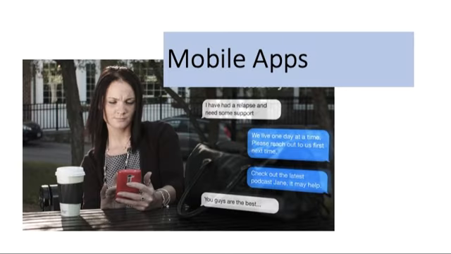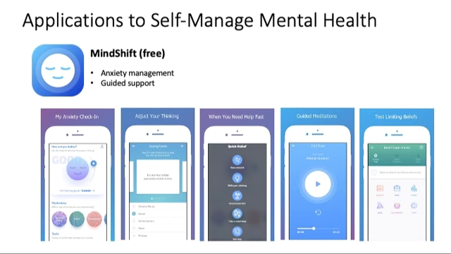So now we're going to segue into mobile apps. Again, this is one way that we can harness technology as a tool to help individuals who have mental health disorders. It's pretty easy to go into an app store and type in mental health, or anxiety, or depression, and you see a number of self-help tools that are available for those who have various mental health disorders.